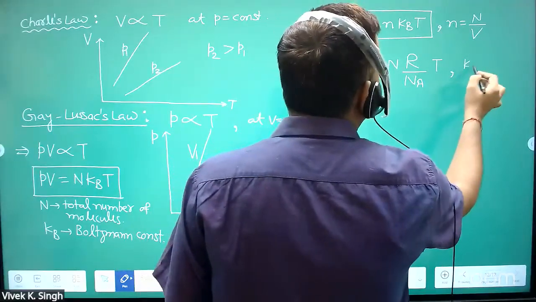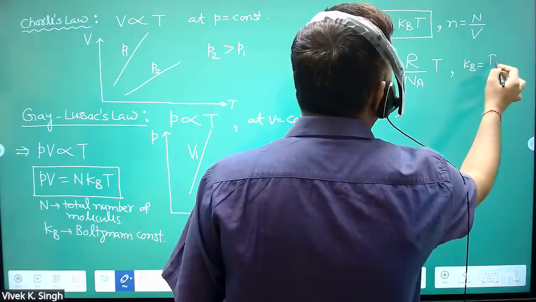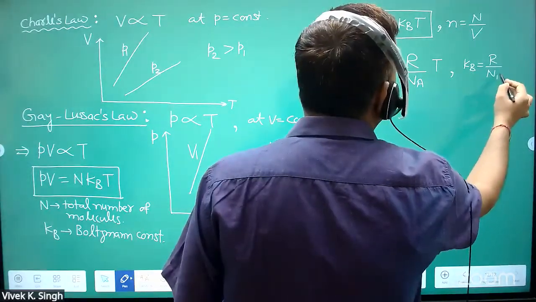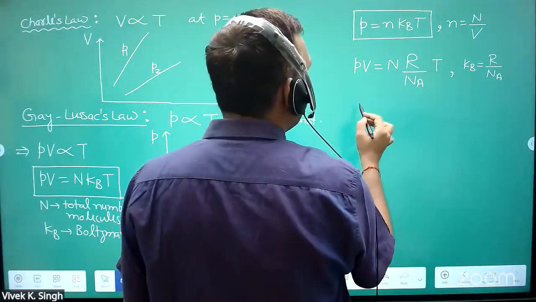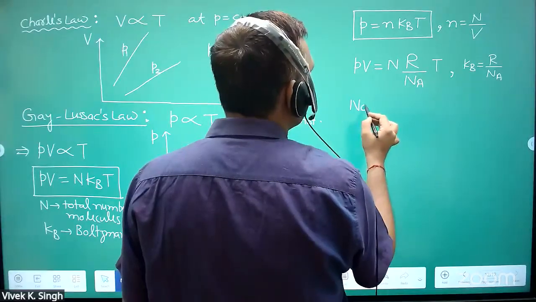Where the Boltzmann constant is given by R by Na, and Na is the Avogadro number. And N by Na is the number of moles.